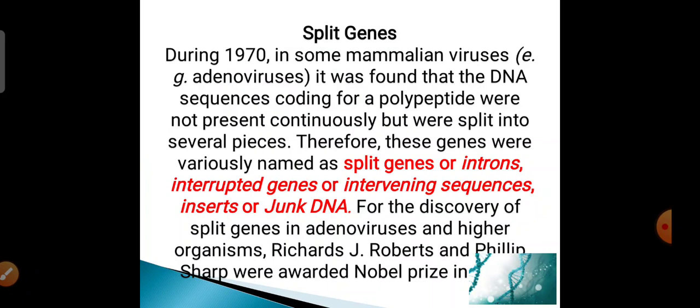During the 1970s, in the case of some mammalian viruses, for example adenovirus, it was found that the DNA sequence which codes for a polypeptide chain, or a protein, was not present continuously.